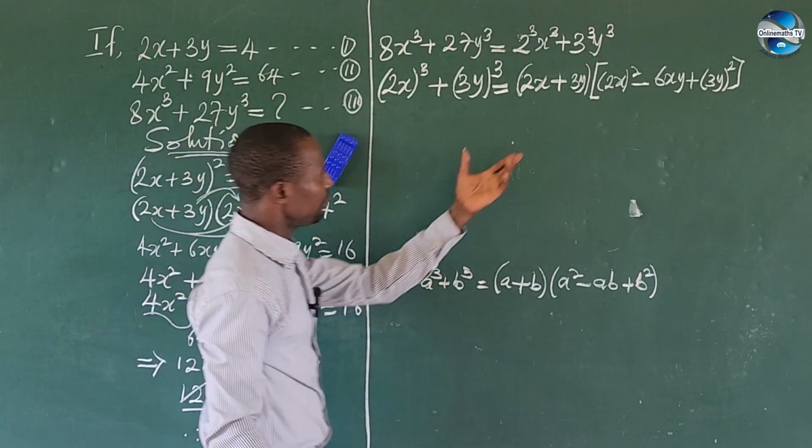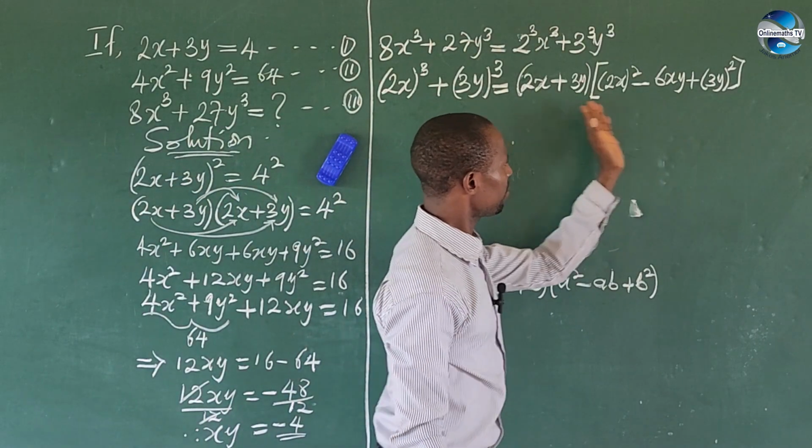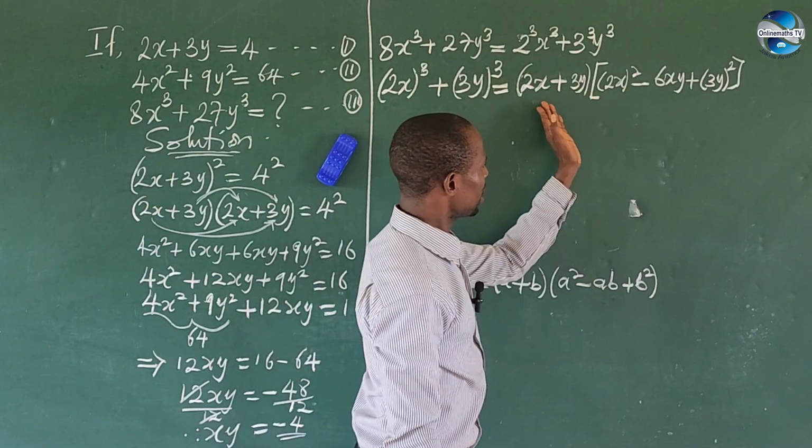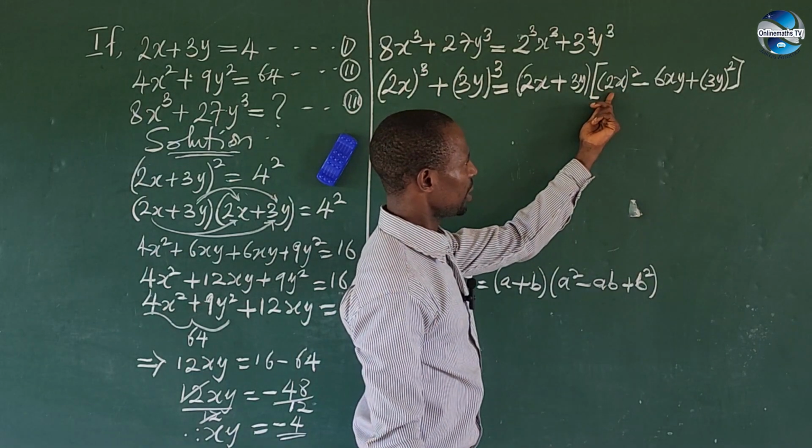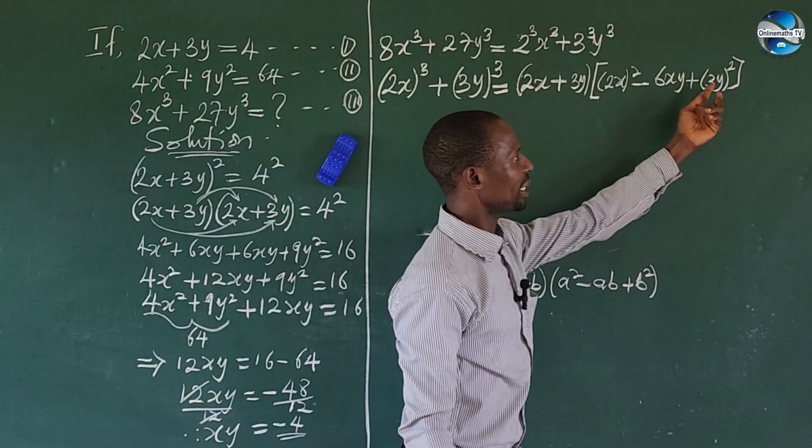All right. Now, if we look at this expression very well, we can open up this here to give us 4x squared and here 9y squared.